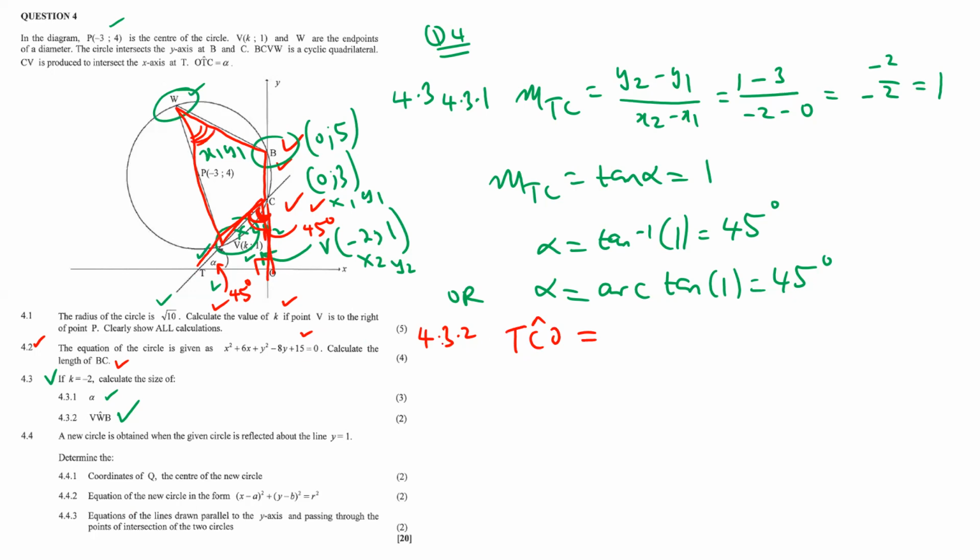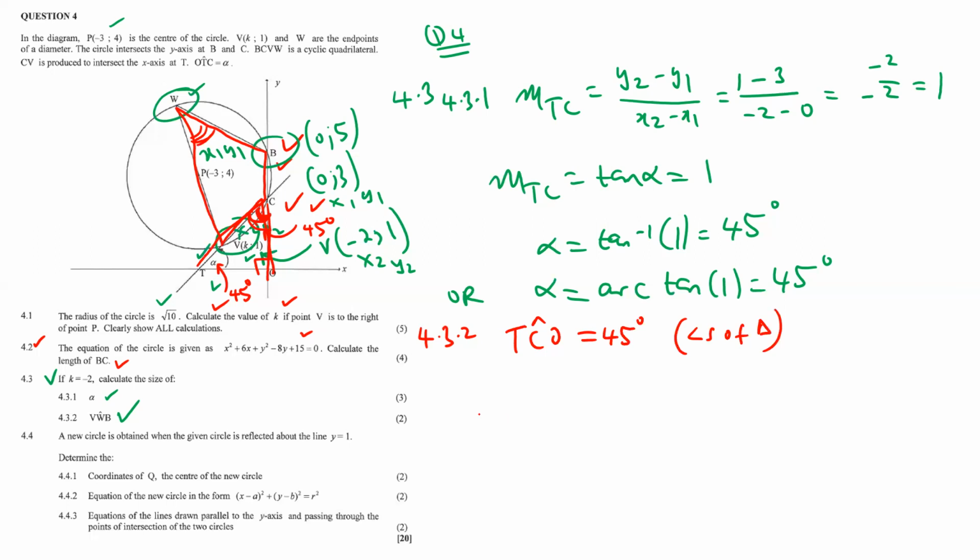So the exterior angle. First, this one is 45 degrees. So you can start by saying TCO is 45 degrees. Why is TCO 45 degrees? It is the sum of the angles of a triangle.